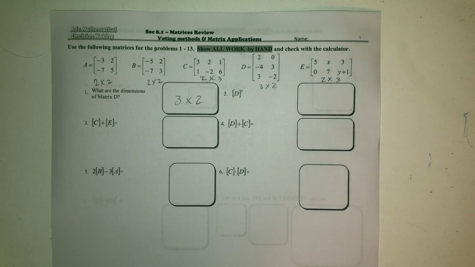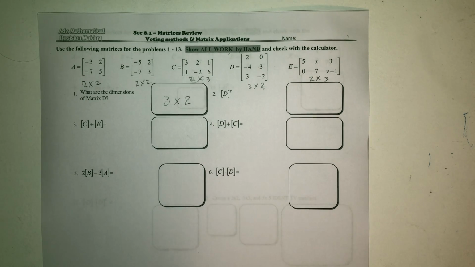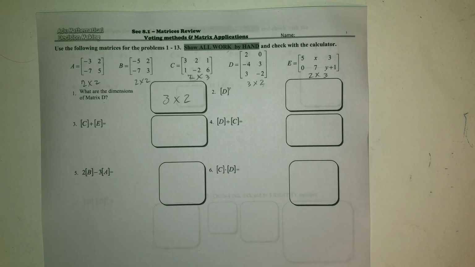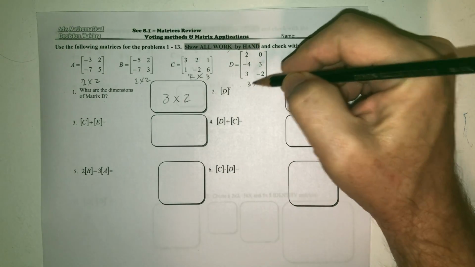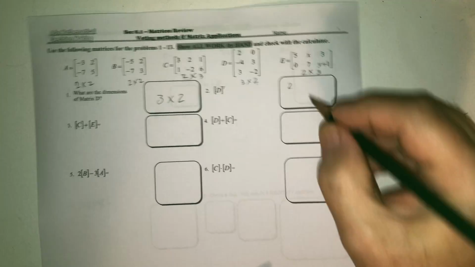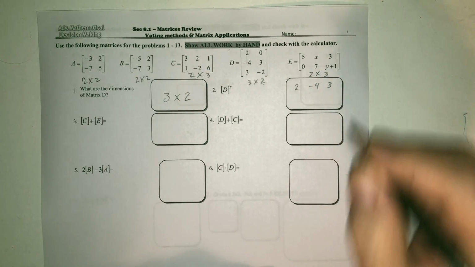All right. Now, transposing a matrix. When you transpose a matrix, row 1 will become column 1, and row 2 will become column 2, and so on. So if we're going to transpose D, then column 1 will become row 1. So 2, -4, and 3.